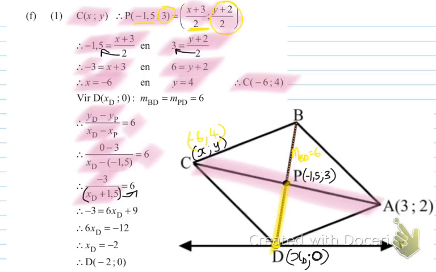So I multiply it in and I get 6xD + 9. Then I subtract the 9 on the other side. I get 6xD is equal to -12. Divide by 6 and xD will be -2. So the coordinates of D will be (-2; 0).